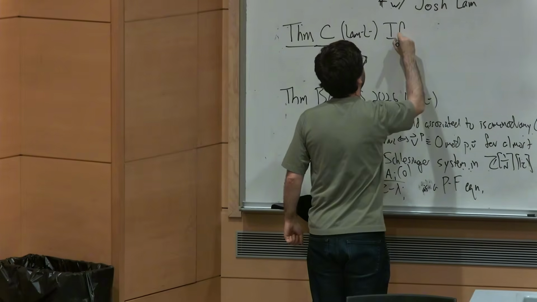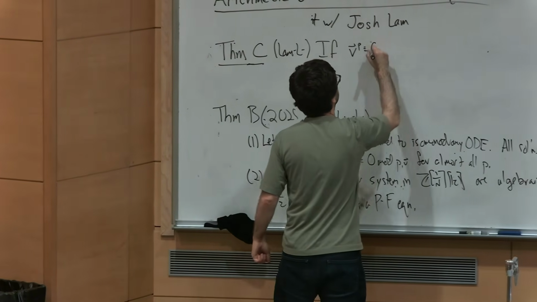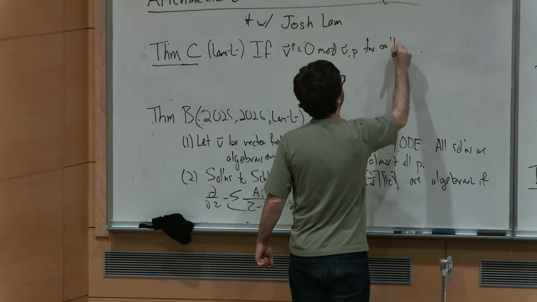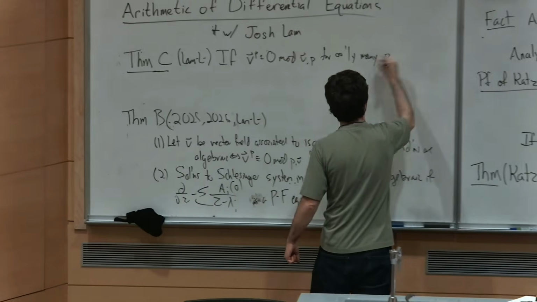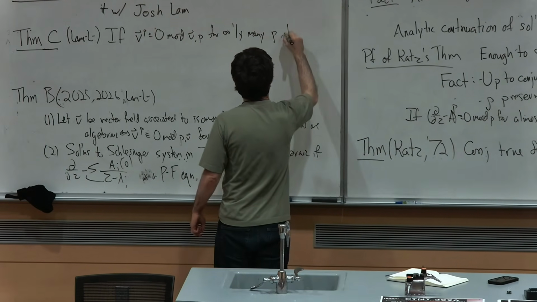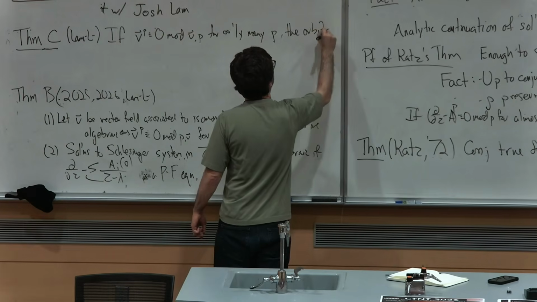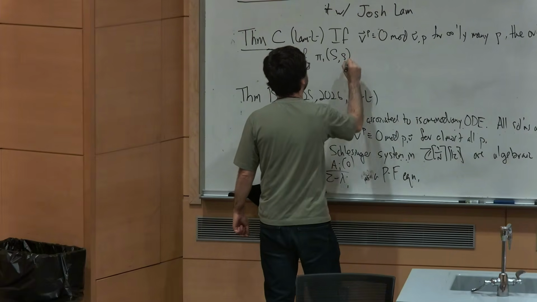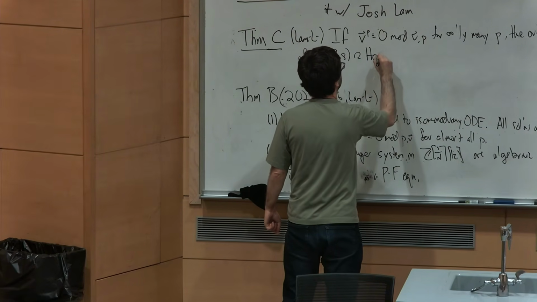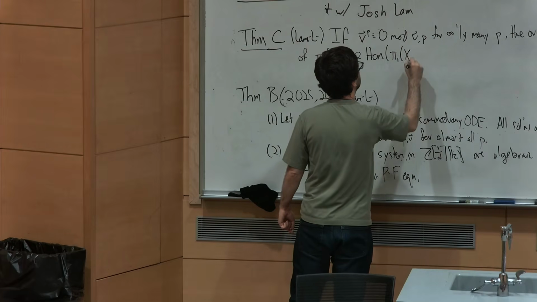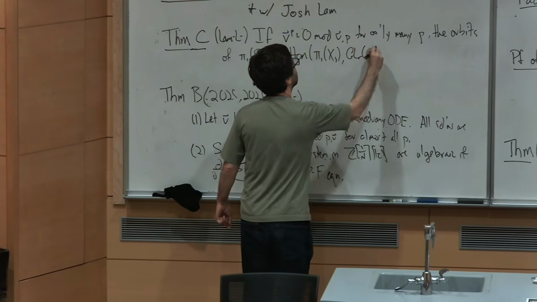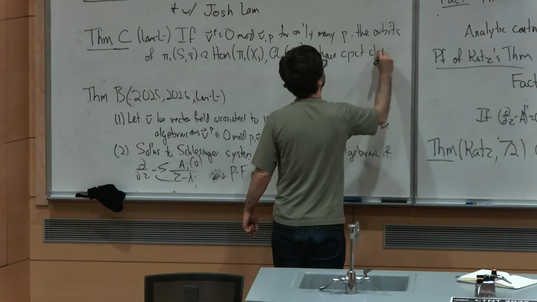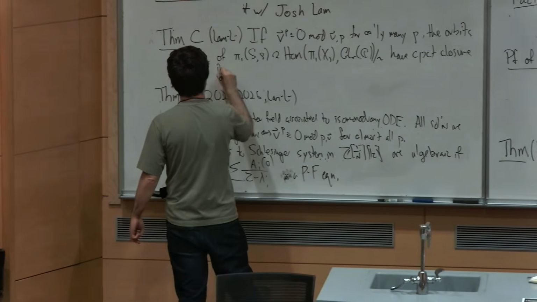In the setting where v_p is 0 mod p for infinitely many p, so our arithmetic condition is satisfied, the orbits of pi 1 of S on this space of representations have compact closure in the Euclidean topology.